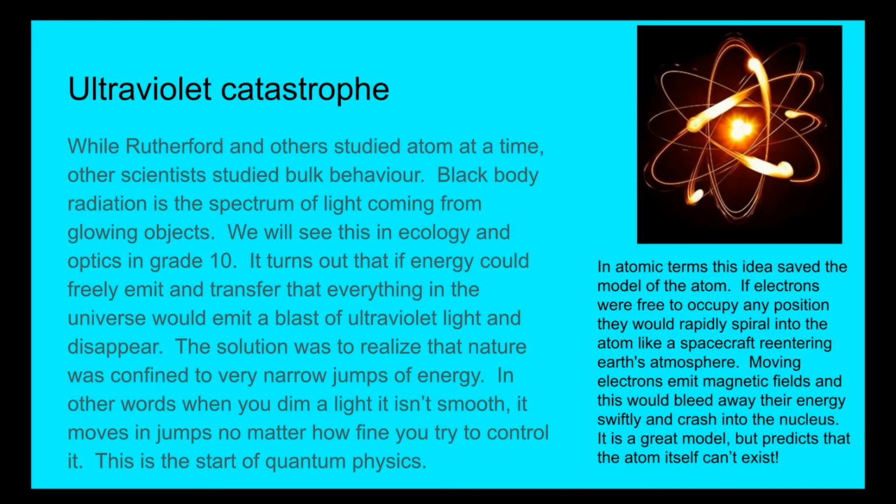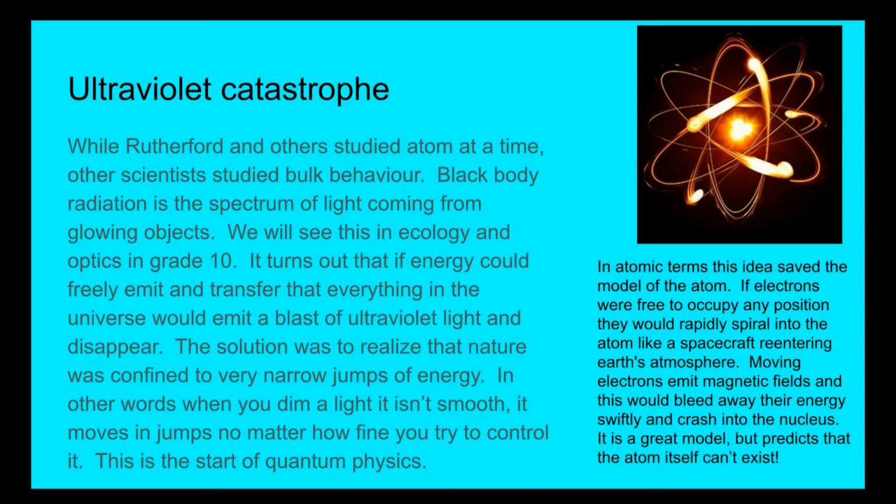Around the same time that Bohr, Rutherford, even Einstein were working on this, there were people that studied large-scale matter. We're not talking about single atoms, we're talking about the light coming off the sun. When you heat a piece of iron until it's glowing red, then orange, then yellow, then white, how come it never glowed green?